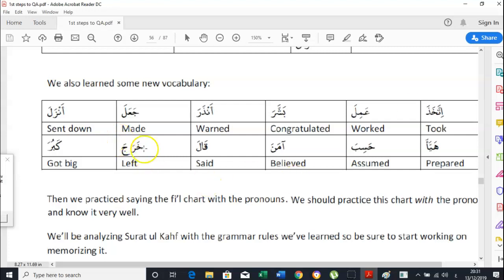Okay, kharaja. I left. Kharajtu. Yeah, kharajtu. She left. Get the pronoun right. She left. Kharajat, yes. Okay, you left. Talking to the female, you left.